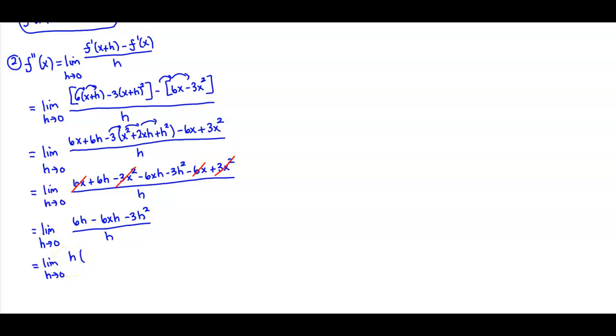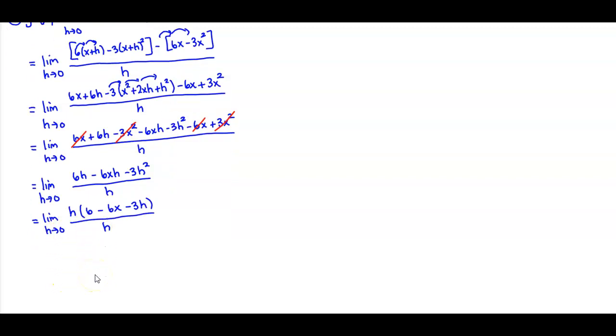If we factor out the h, we have h times (6 minus 6x minus 3h), divided by h. We can simplify the h's. So we have the limit as h approaches 0 of 6 minus 6x minus 3h.